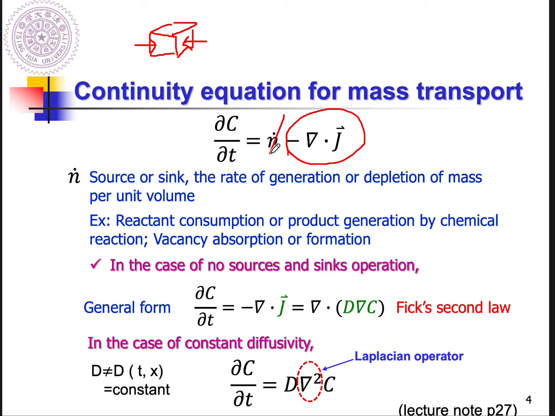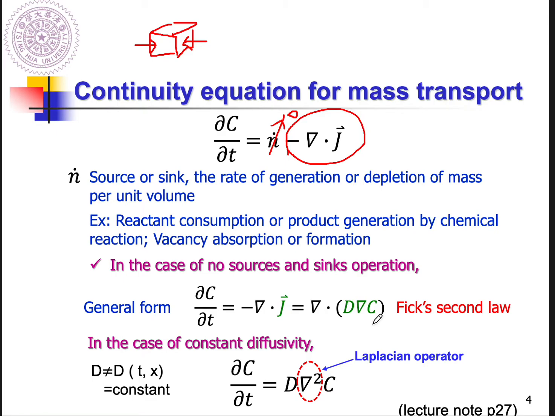If you drop this term, the continuity equation can be expressed as partial C partial t equals minus the divergence of the flux. And based on Fick's first law, the flux can be expressed as minus diffusivity times the concentration gradient. So you get the famous equation we call Fick's second law, or the diffusion equation.